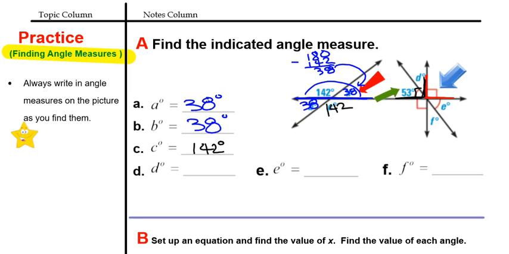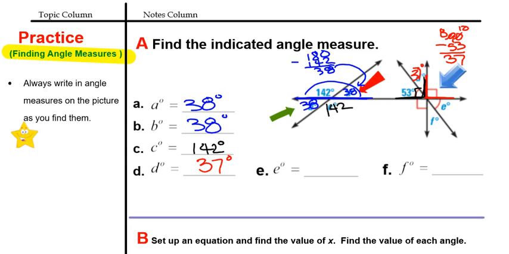It has to go with D, and that has to make 90. So when I subtract them, 90 minus 53, I get 37 degrees. That guy right there, angle D, has to be 37 degrees.